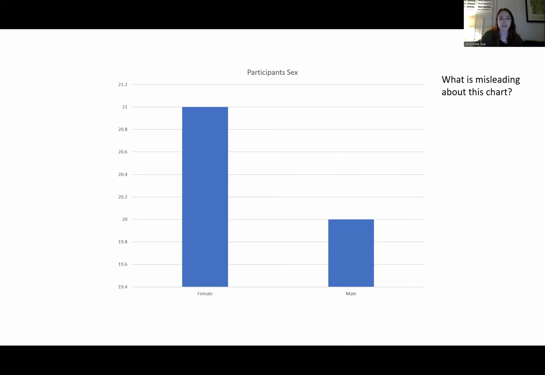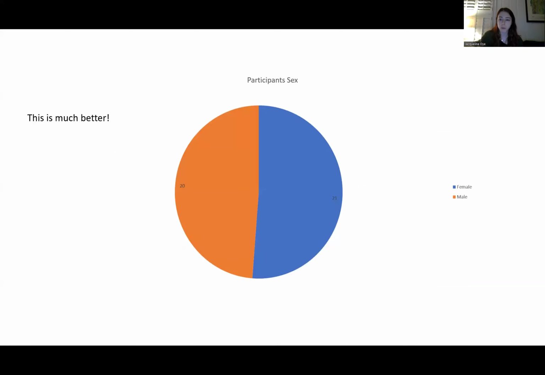Basically the axis is not spread out enough, so the numbers are in very small increments. And so it looks like there's a big difference between the amount of women in the study versus men in the study. But that is not accurate. So this would be a better example of data visualization here, a pie chart. We can see that there's slightly more females in the study than males, but it's almost equal.